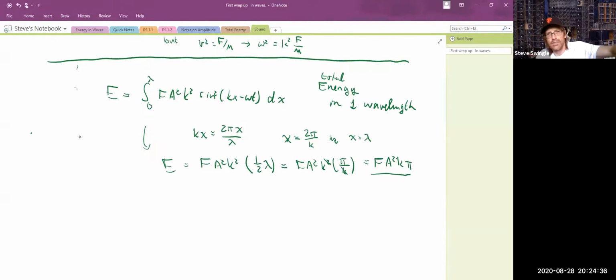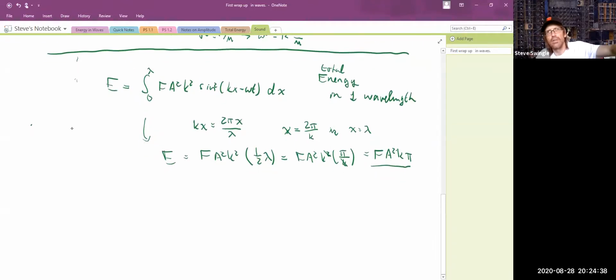If you're actually given physical dimensions, like the length of one wavelength, then you could put it in terms of lambda instead. If you're given the linear density, then you probably also have to be given the wave speed, or maybe the frequency, so that you can get the wave speed.